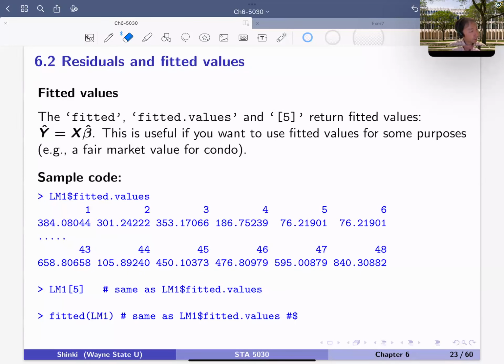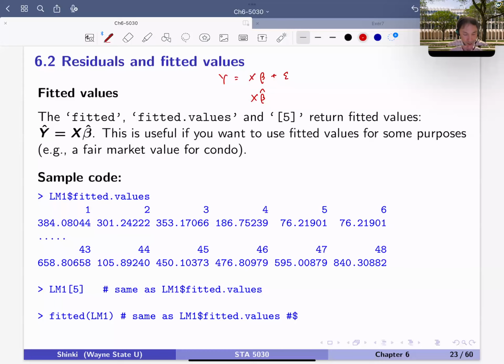The next one is the fitted values. Originally we have that y is equal to X beta plus epsilon, and now we have estimated beta. So X beta hat is a kind of expected quantity of y. To be exact, the expectation of y is approximately X beta hat.